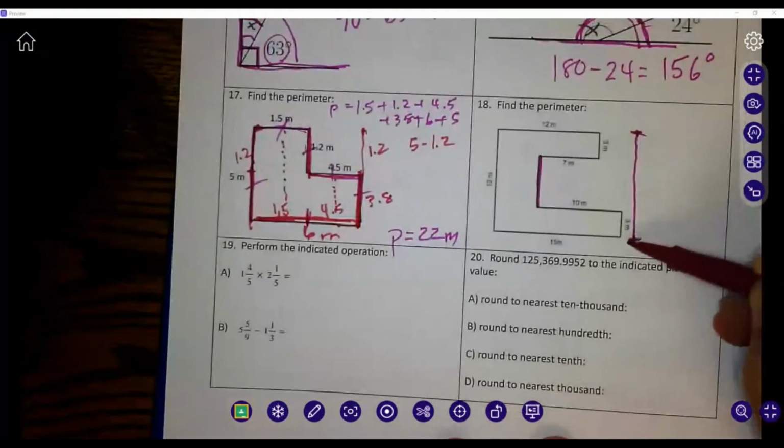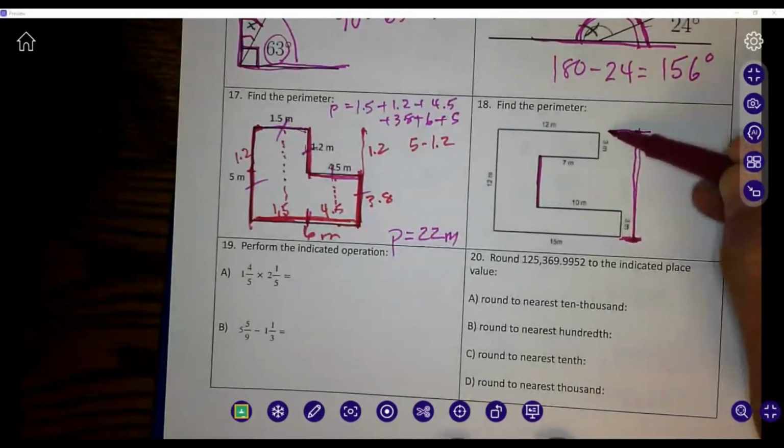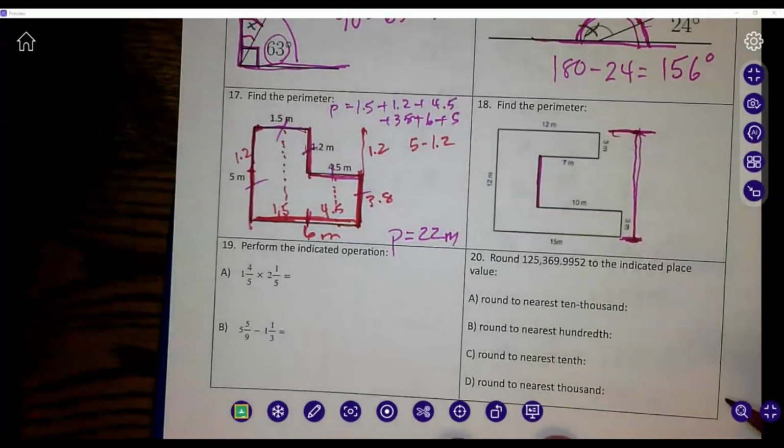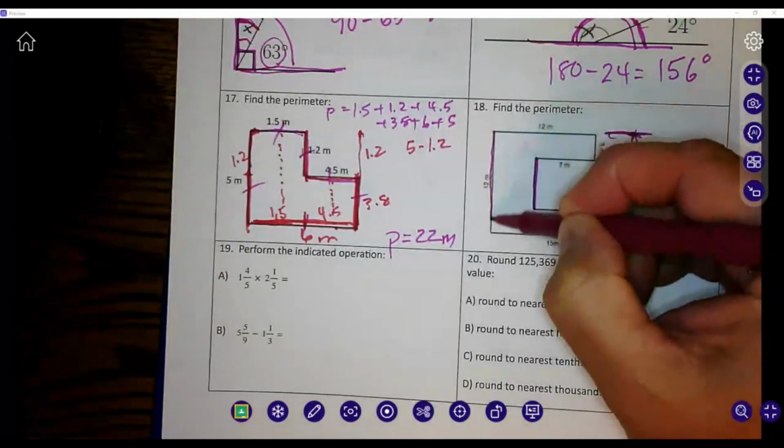Okay, I'm asking how far it is to go from here up to here. Okay, yes, it's the same as this side over here.